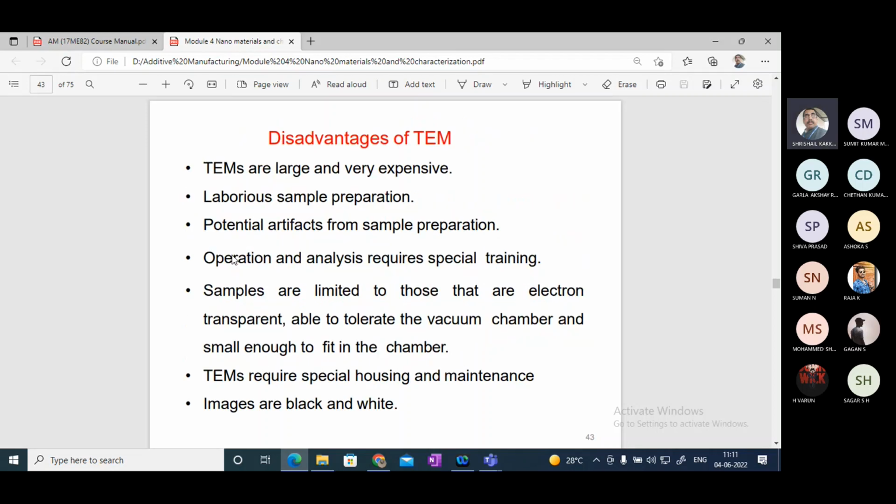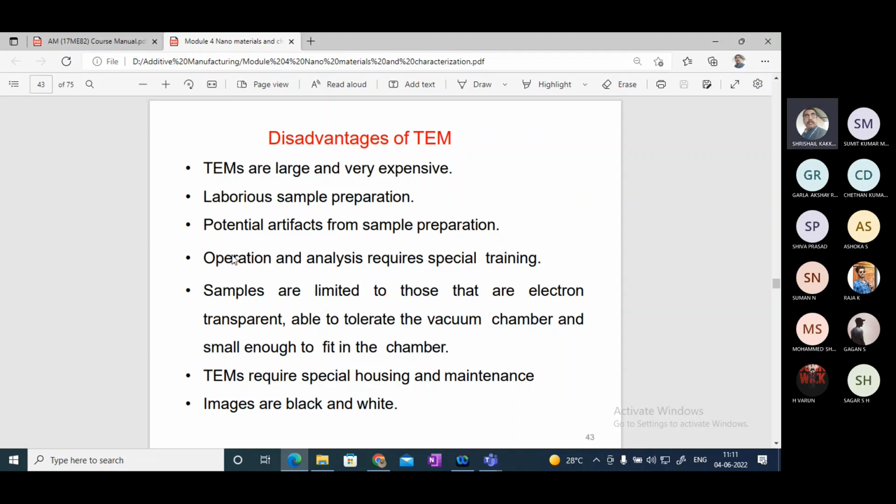And what are the disadvantages of the transmission electron microscope? It is very large in size, and it is expensive, more expensive, and everyone cannot keep a transmission electron microscope, and it requires a setup at a laboratory. Okay, and it is very difficult.